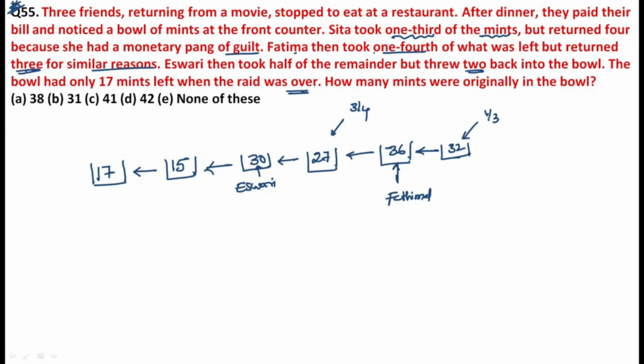So 32 was the value after she took her portion. She took one third, which means the remaining is 2/3. Now 2 parts become 32, 1 part is 16, and 16 threes are 48. Now before taking Sita's portion, the bowl had 48 mints.